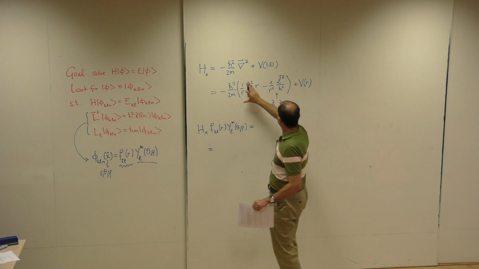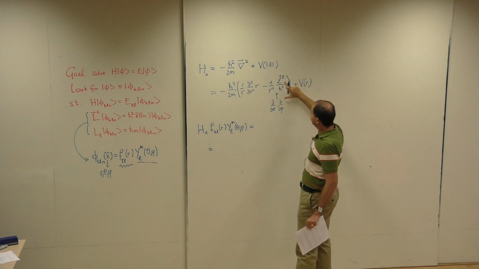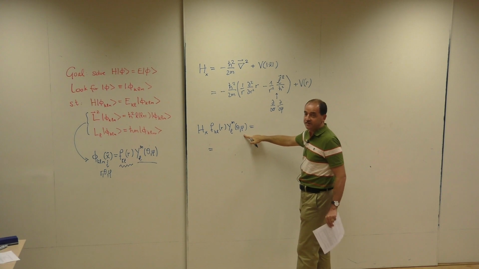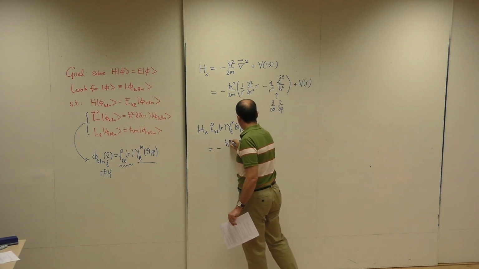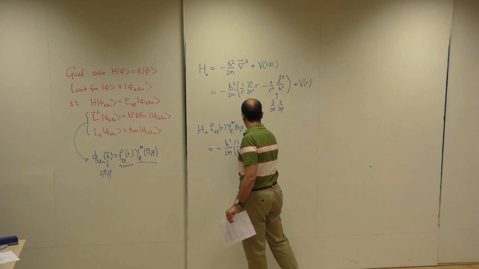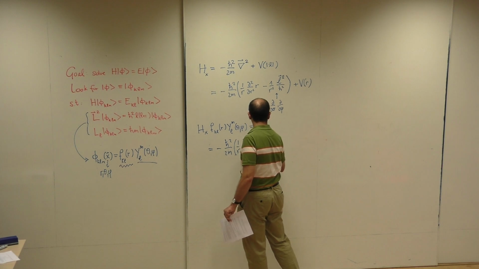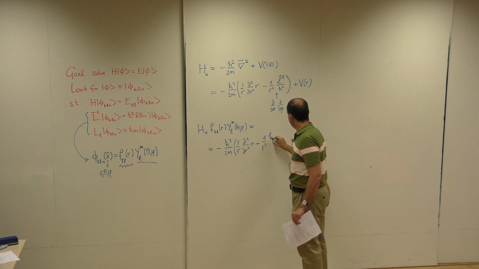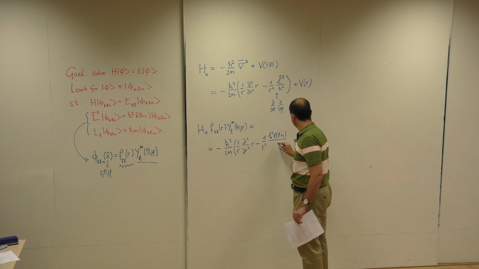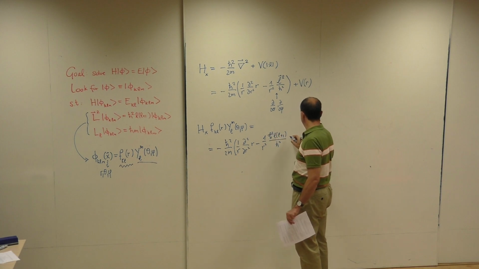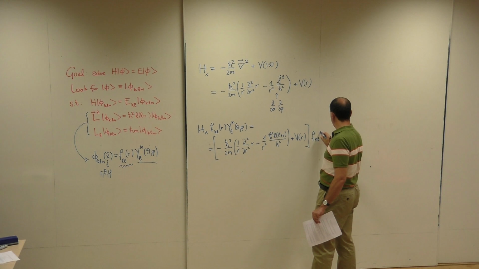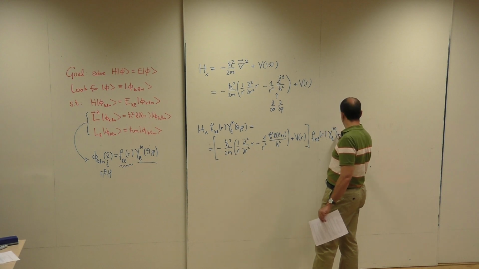Well, all this mess, but these L squared that are the derivatives on theta and phi, we know how it acts on these theta and phi, so we'll have minus h bar square over 2m 1 over r double derivative in r minus 1 over r square h bar square l(l plus 1) over h bar square plus V of r, f KL of r, Y LM of theta and phi.